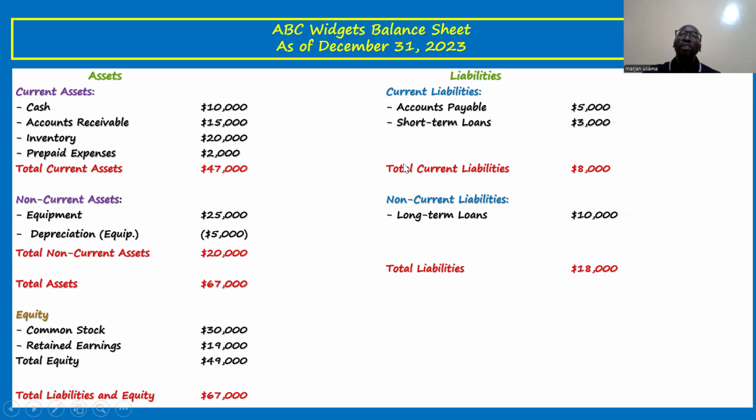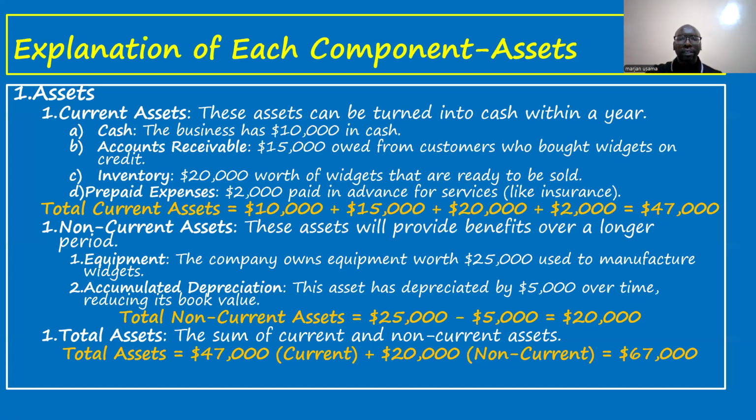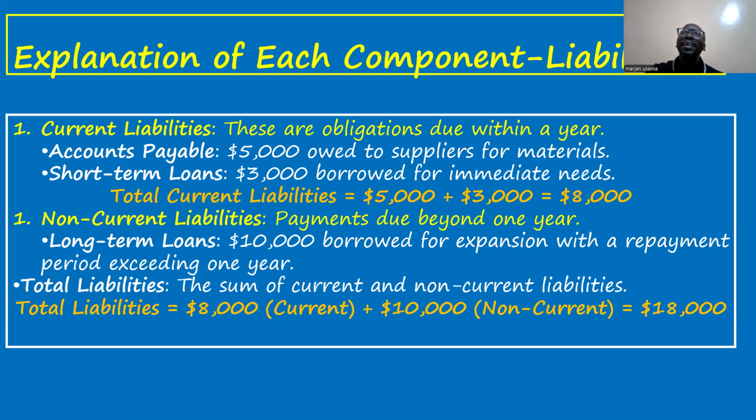So you will know your position. If the ratio is more than 0.5, then you're in a good position. But if it is a negative number, it's a red flag. It means your liabilities are more than the assets.